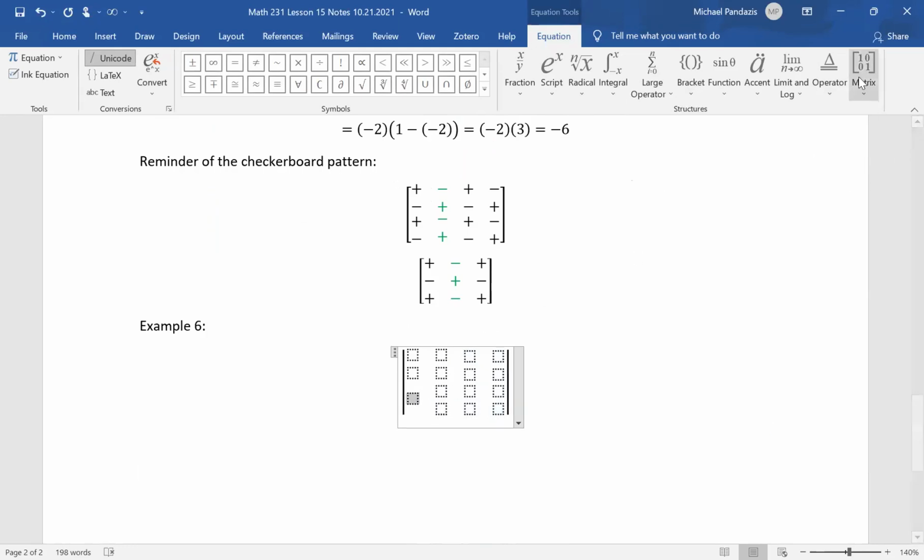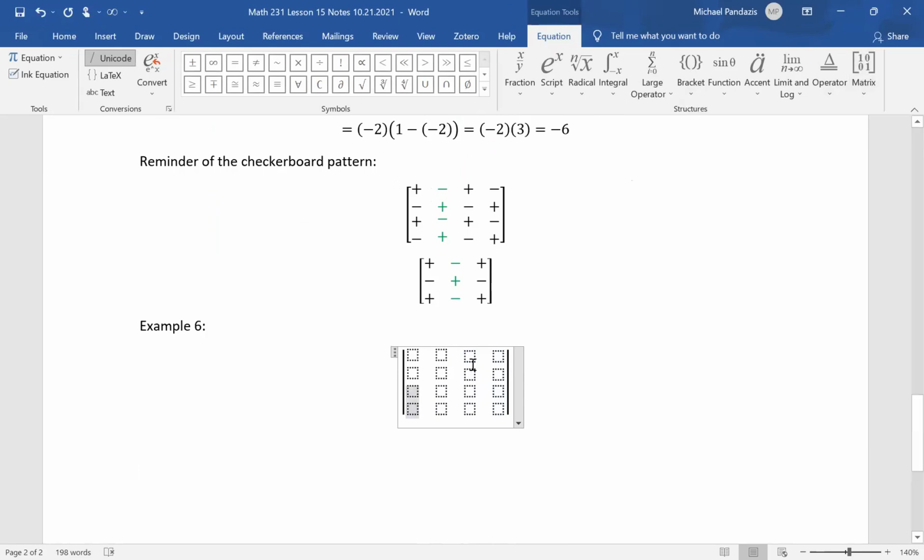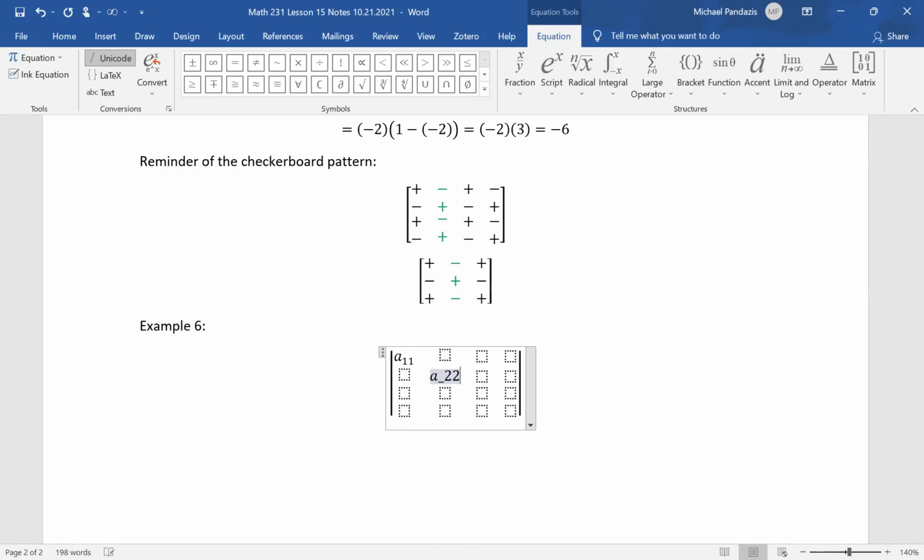Remember, I'm sorry, a lower triangular matrix is one in which all the entries above the main diagonal are 0. This is A11, A22, A33, A44. Those are the entries on the main diagonal. So all the entries above it in this example are 0.